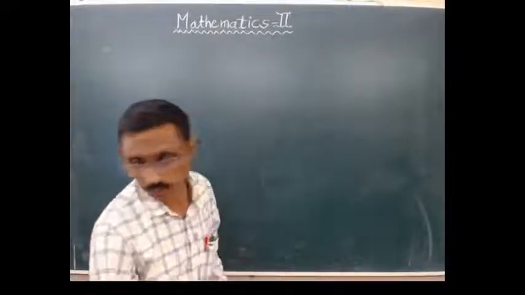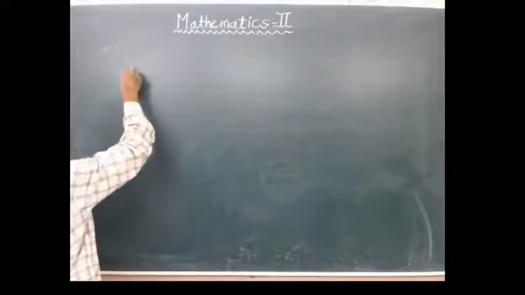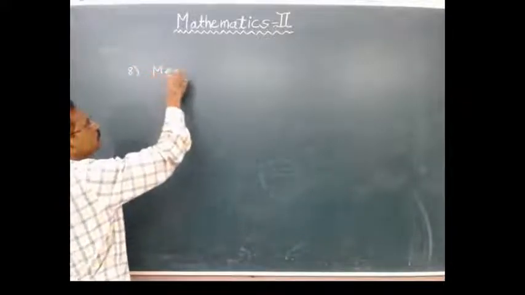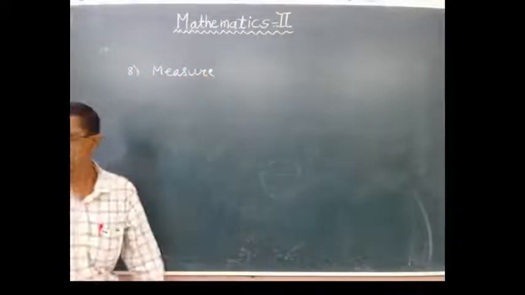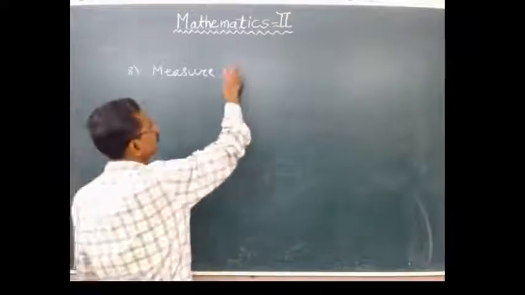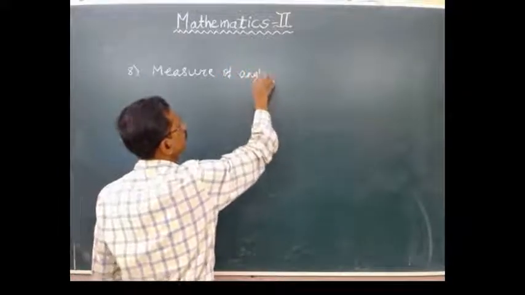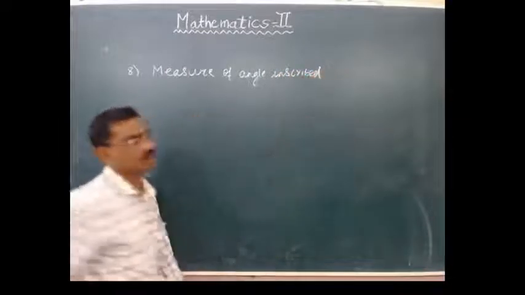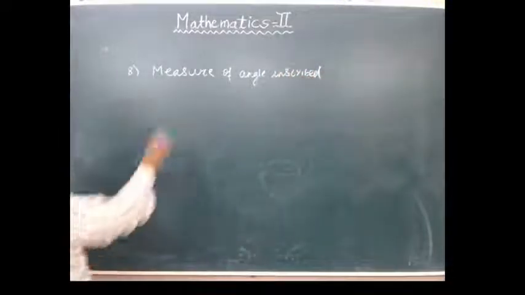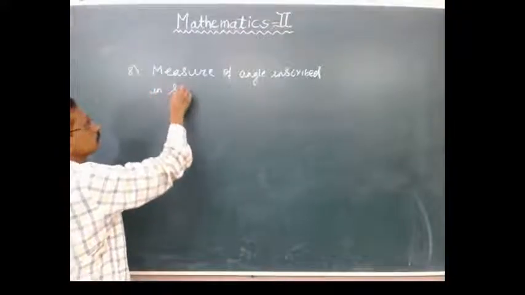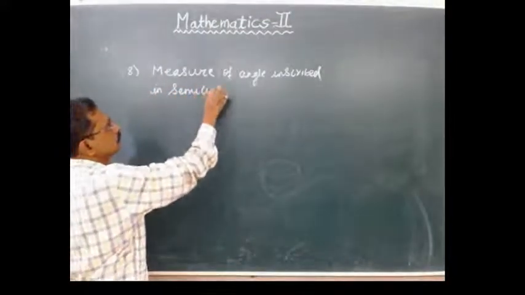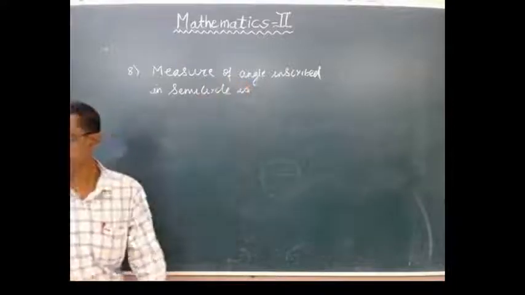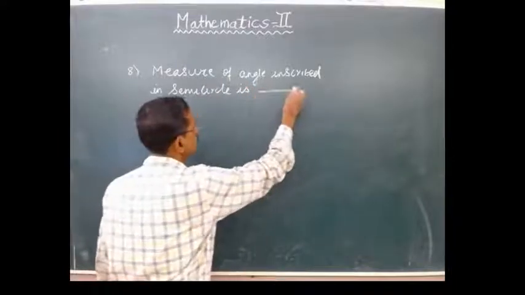The eighth one. Let us see what we have in the eighth one. Measure of angle inscribed in a semicircle is dash.